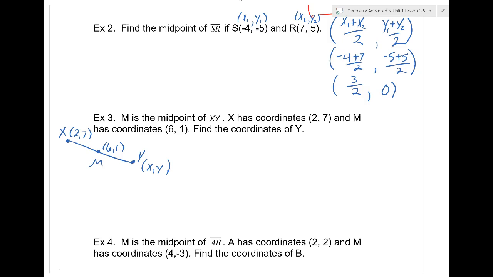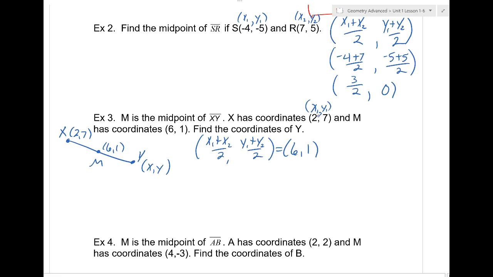So with this, I know this is true. I'm going to put the formula down. I know that (x1 plus x2) over 2, (y1 plus y2) over 2 equals my midpoint. Sorry, there should be an equal sign there. I know that's 6, 1. That's my midpoint, not my endpoint. And I know I have one of the ordered pairs. So can't I call this ordered pair right here x1, y1?